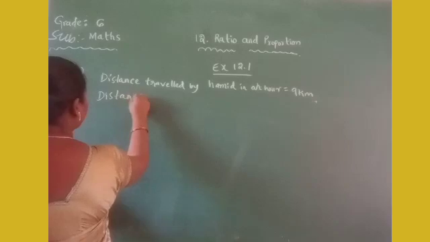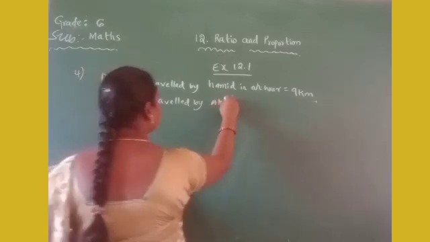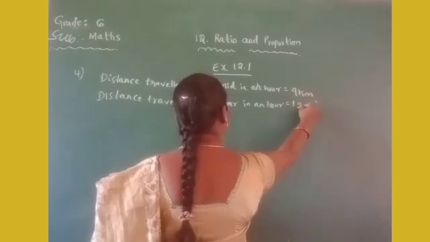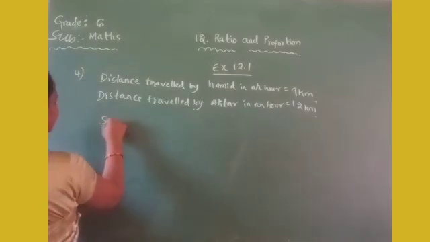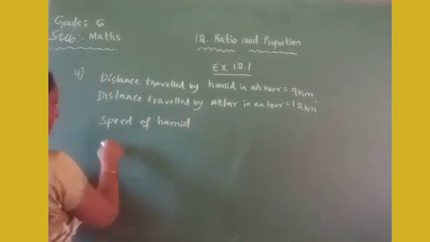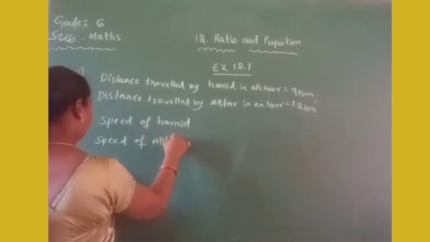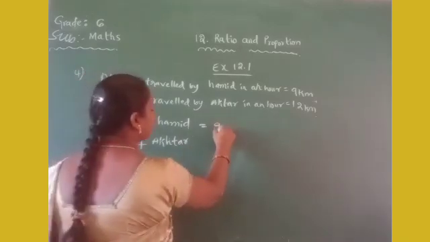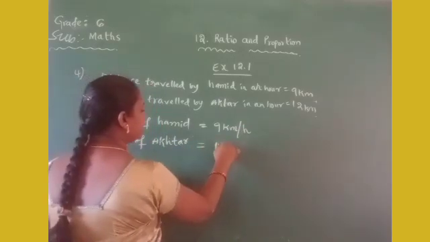Or otherwise we can write the speed of Hamid directly. The distance travelled by Akhtar in an hour is 12 kilometers. We have to find the speed of Hamid to the speed of Akhtar. So the speed of Hamid is 9 kilometers per hour, and the speed of Akhtar is 12 kilometers per hour.